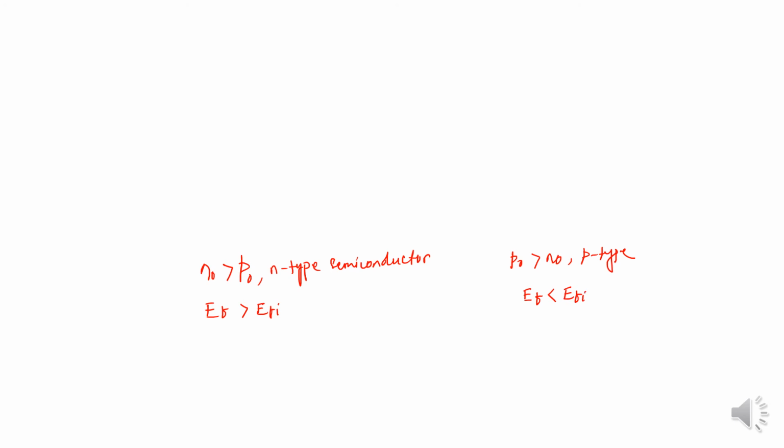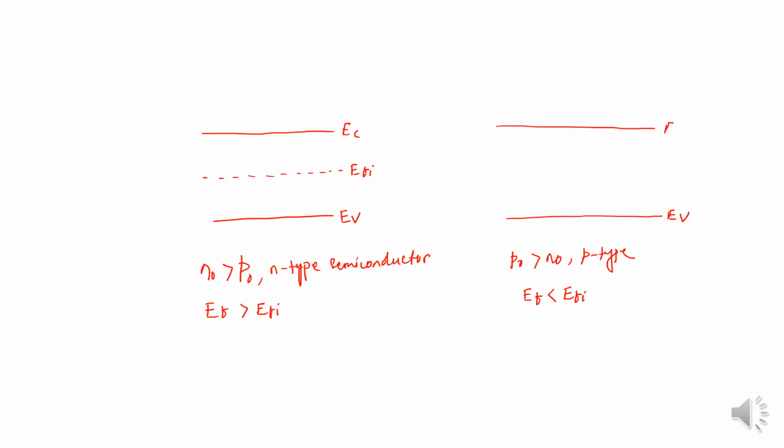So if you show the band diagram, we have this as the valence band and we have the conduction band, and the intrinsic Fermi energy level is somewhere in between EC and EV. So this is the position of the intrinsic Fermi energy level. This is the same for the intrinsic semiconductor. Over here we have EV and EC and the intrinsic Fermi energy level EFI.